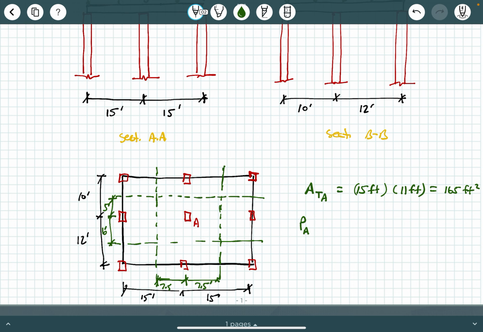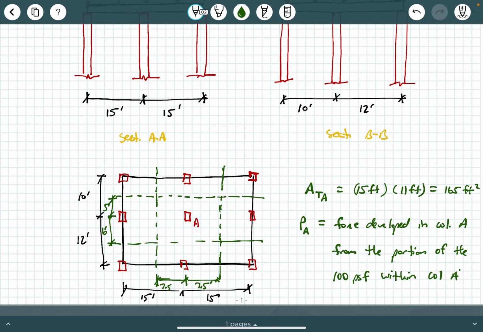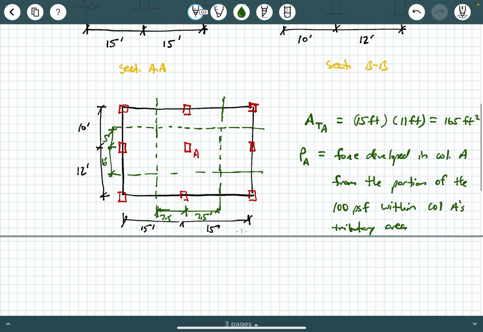P sub A, so that's P, the force in column A, we're going to say is the force developed in column A from the portion of the 100 PSF within column A's tributary area, okay? So how do I calculate that?